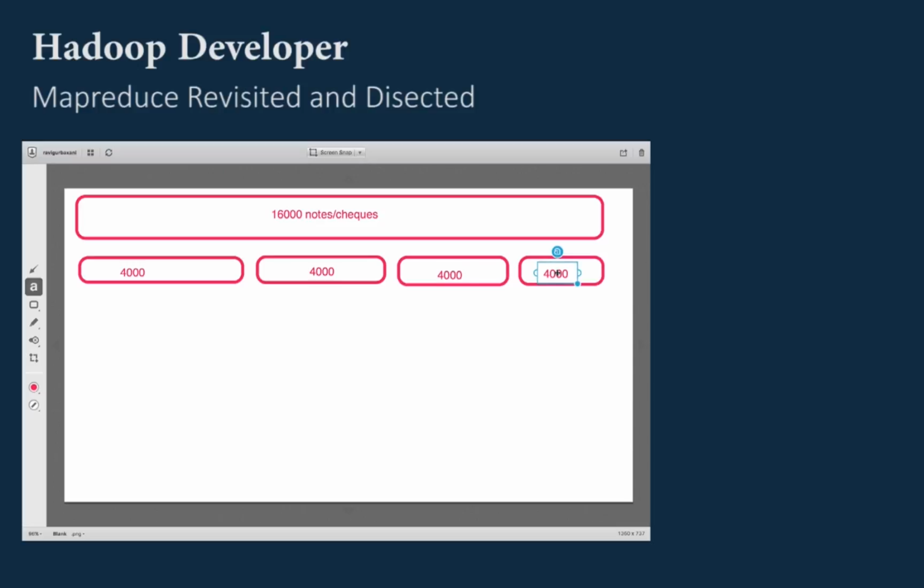Now the way each brother will process it, there'll be some 4,000 pairs. So brother 1 will give 4,000, 2 will give 4,000, 3 will give 4,000, 4 will give 4,000. At the end of it, David and Daryl are supposed to consolidate.